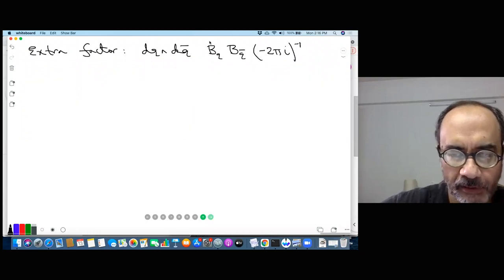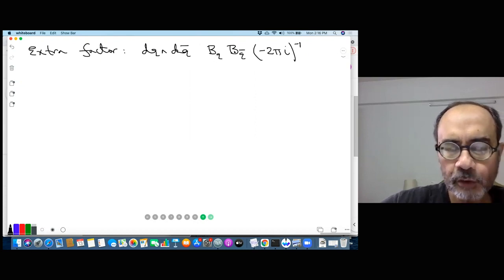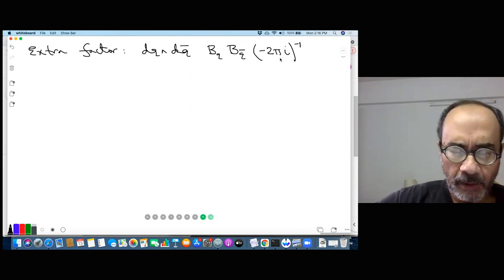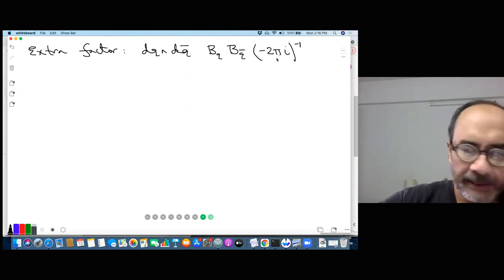And this, of course, is all inside a correlation function. I have written b q b q bar, but eventually to get a number, you have to put all this inside a correlation function. So these will be defined in the same way that we had introduced. And the point is that because you have these two extra parameters, we have the two integrals, dq and dq bar, and this is the extra factor that accompanies this. Now this minus 2 pi i inverse, let me explain where that comes from.